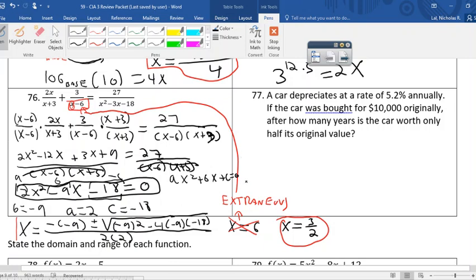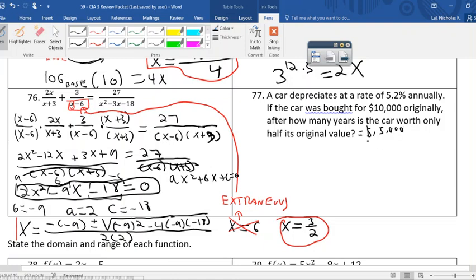Now, 77: a car depreciates at a rate of 5.2% annually. If the car was bought for $10,000 originally, after how many years is the car worth only half its original value? So we have to plug this into an exponential function. Half of the original 10,000 value is 5,000.